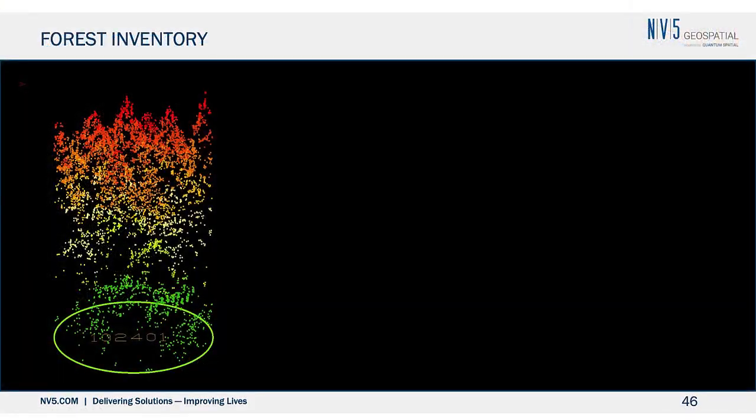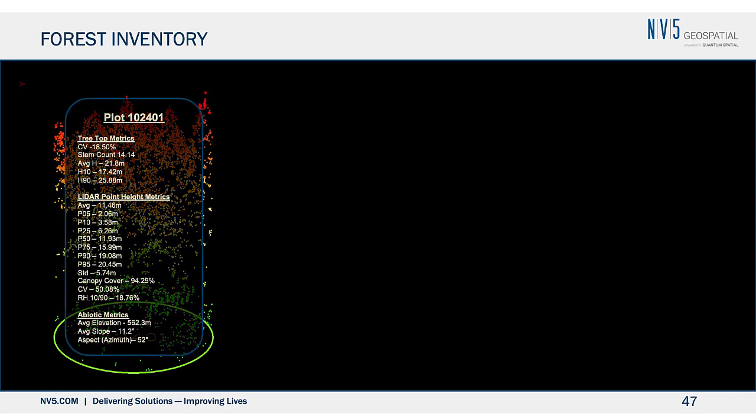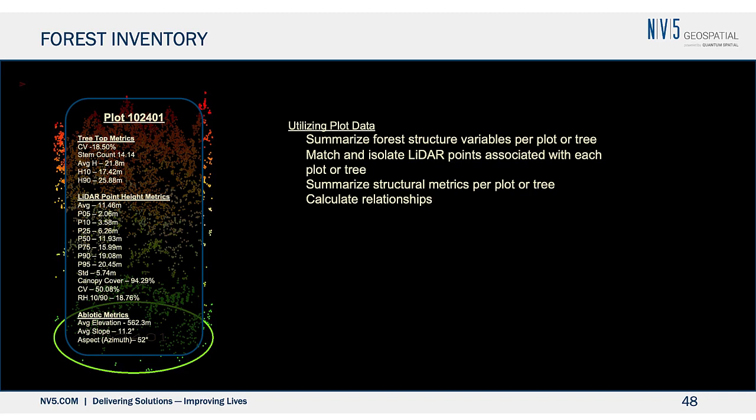So forest inventory, now I'll just quickly run through this. Basically, we take the plot data, we have the individual trees delineated within that plot. We have all the metrics that we're talking about associated with that. We then summarize the plot information.